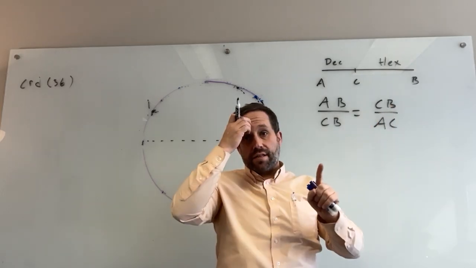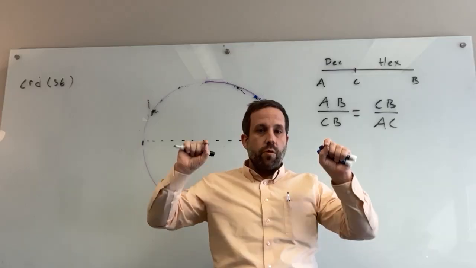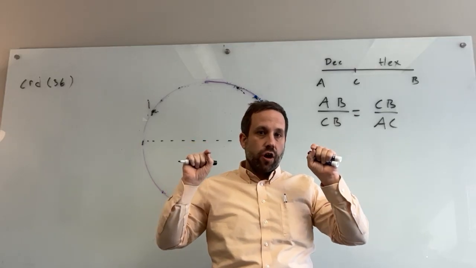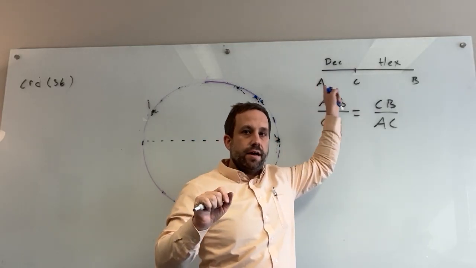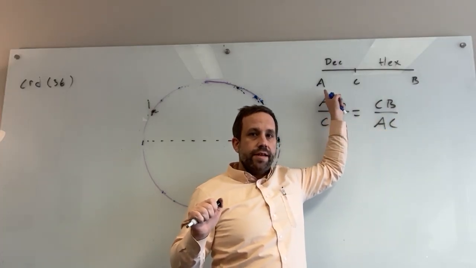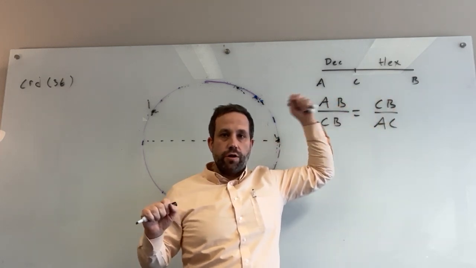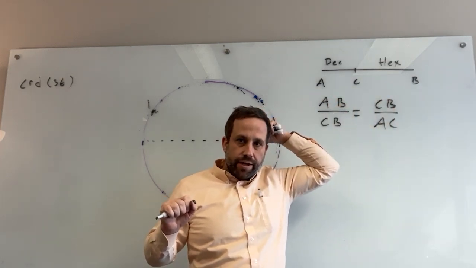Okay, so that's the first step. What he says is that if you take a circle with an inscribed hexagon and an inscribed decagon, and put them together in a line segment like this, then the decagon line segment is going to divide the whole thing into the golden ratio, or into extreme and mean ratio.